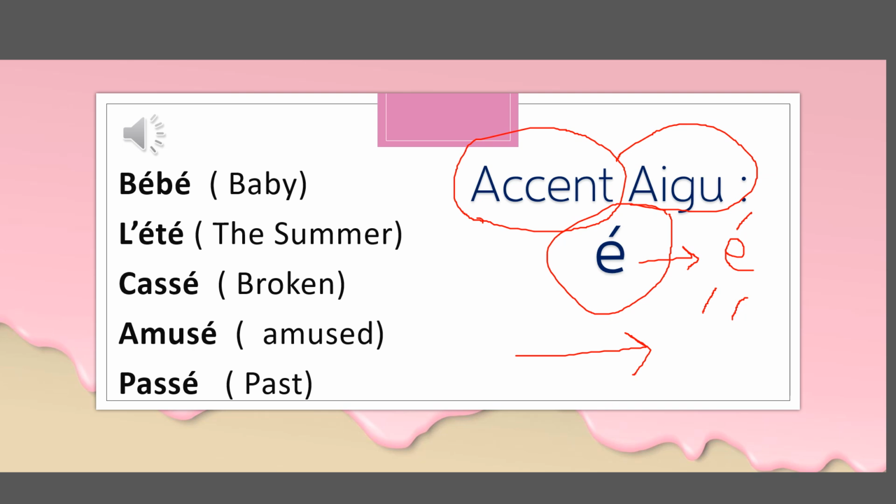Okay, and here are some examples. Bébé, which is baby. L'été, the summer. Cassé, broken. Amusé, amused. Passé. Okay. Bébé, été, cassé, amusé, passé.